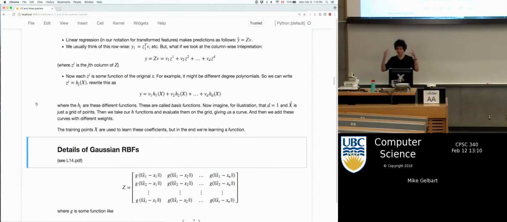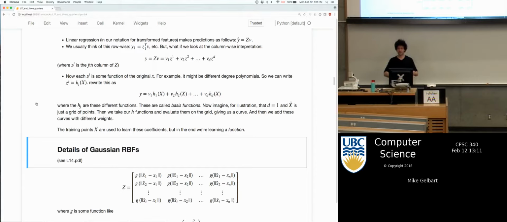Because that's where we made these features. So our first function of x is the first column of z. Our second function of x is our second column of z, and so on. That's really what we were doing with polynomials and everything, right? So we can write it this other way. y hat equals v1 h1 of x plus v2 h2 of x. And now we can see why we're saying basis functions and why we're saying it's a weighted combination of these basis functions. Because imagine x is, say, a grid of points, or your x test.